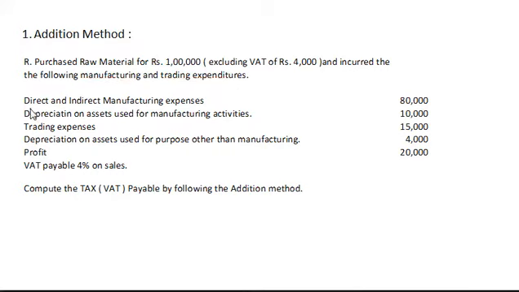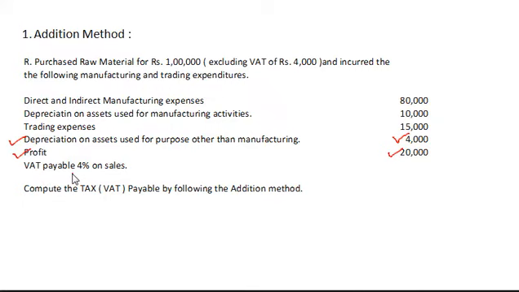That is, direct and indirect manufacturing expense rupees 80,000, depreciation on assets used for manufacturing activities rupees 10,000, trading expenses rupees 15,000, depreciation on assets used for purpose other than manufacturing rupees 4,000, and finally profit added rupees 20,000.